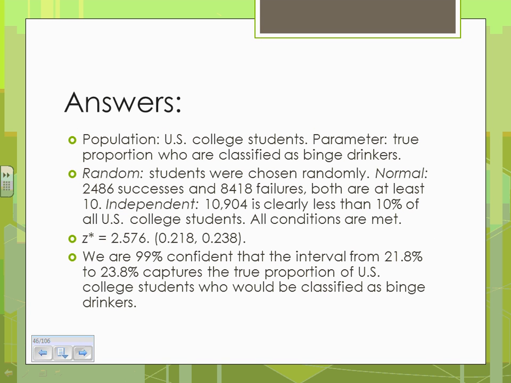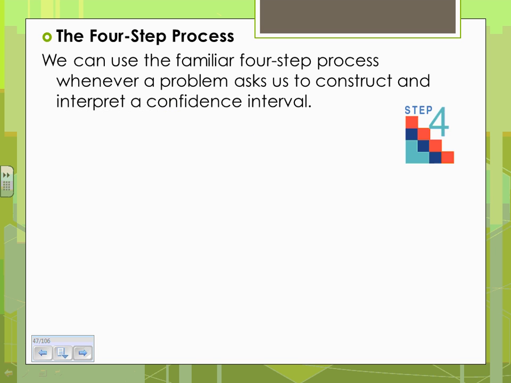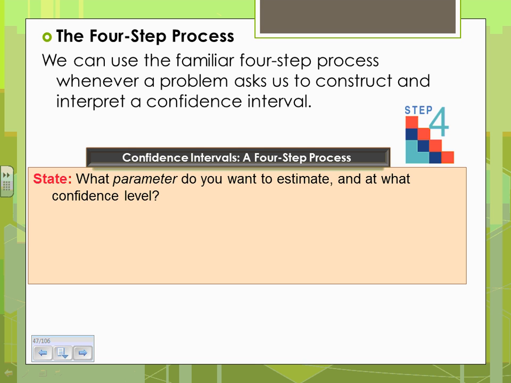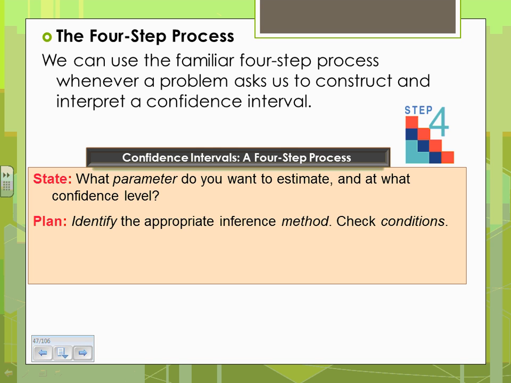And here are the answers. Okay, so you can do like a 4-step process here if you want to. Kind of helps keep you organized when you're doing this, so just kind of routinely do these steps. So state what parameter do you want to estimate and what confidence level. Identify the appropriate inference method.